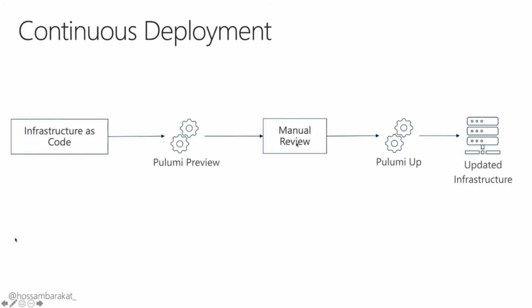And then you go ahead with Pulumi up. Pulumi up will go and update the infrastructure resources. Important thing is maintaining the state file. It's a JSON file. That JSON file, usually if you are in an Azure environment, you will be keeping it in a storage account, or as I said, you can also use the Pulumi SaaS offering to host that state.